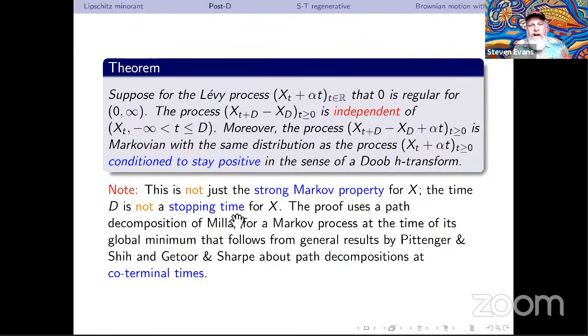And so this is not just the strong Markov property for X. It's based on results from the 70s, most particularly from Millar, that actually follow from more general results by Pittenger and Shih, or Getoor and Sharpe, about path decompositions at cooptional times.